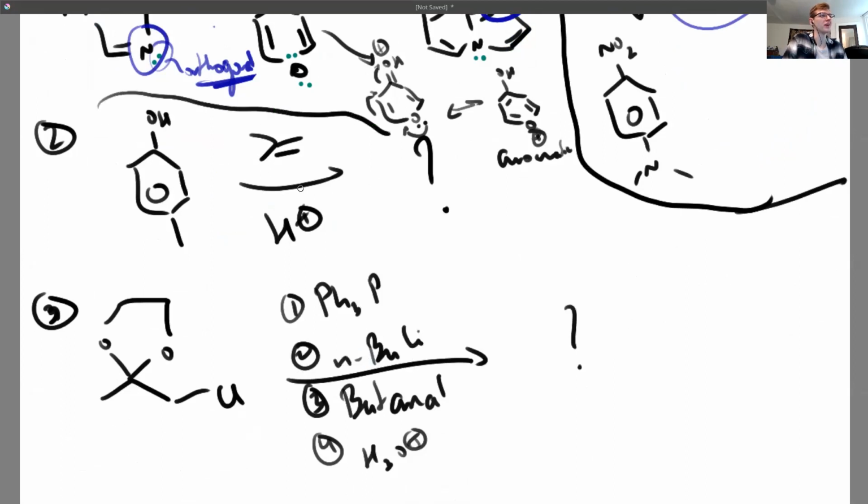It's a bit crowded here, but what's going on in this one? This one feels like a really old reaction that I need to pull out of the depths of my experience. Well, what I think will happen is that double bond will do a nucleophilic attack.